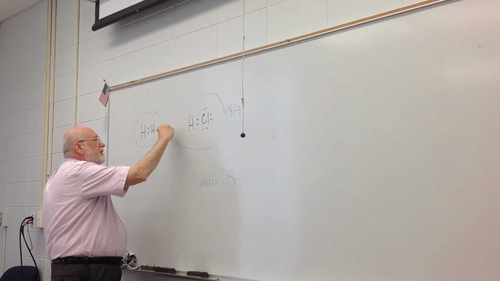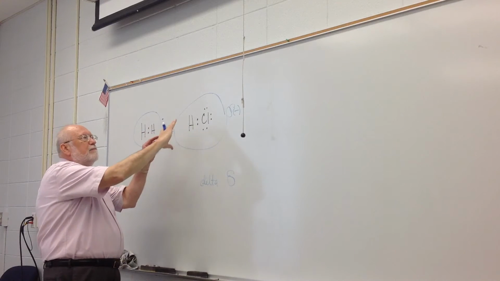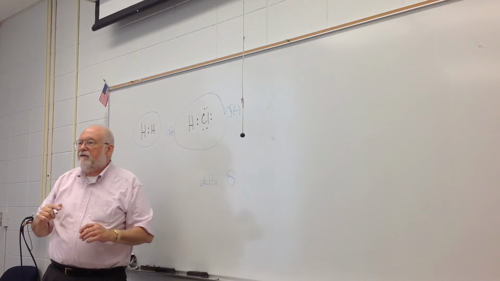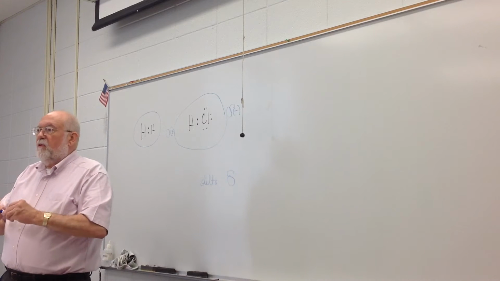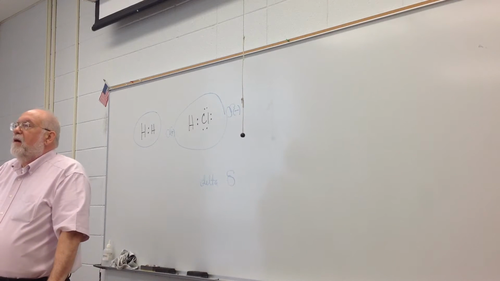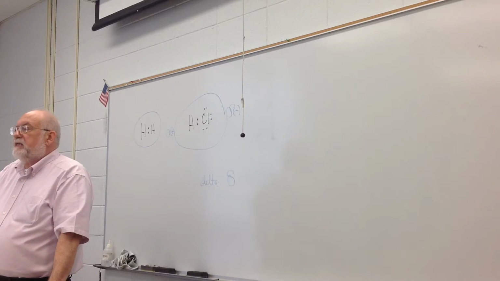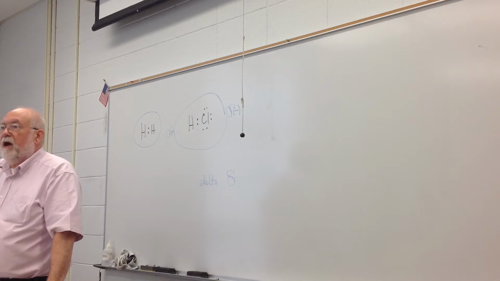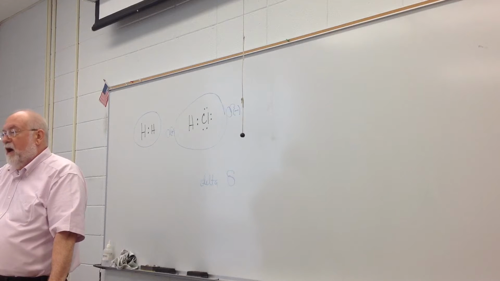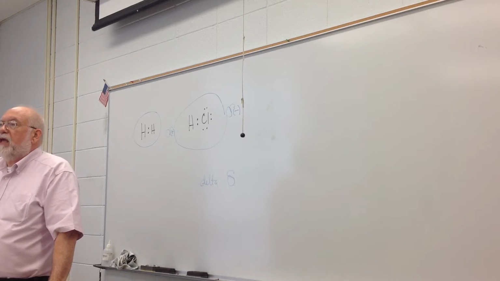Slightly positive. Now, it's not like +1, -1. It's not that big of a difference. But the chlorine end is going to become partially negative. The hydrogen end, by extension, is going to have to be partially positive. We have to have balance. Why? What's the charge on any molecule?